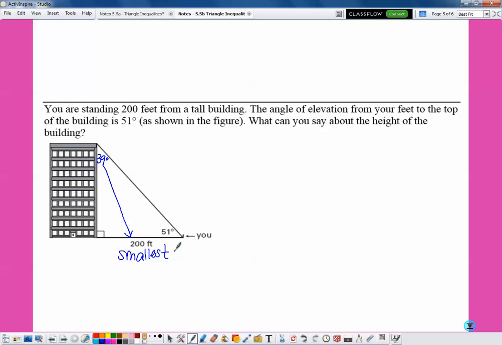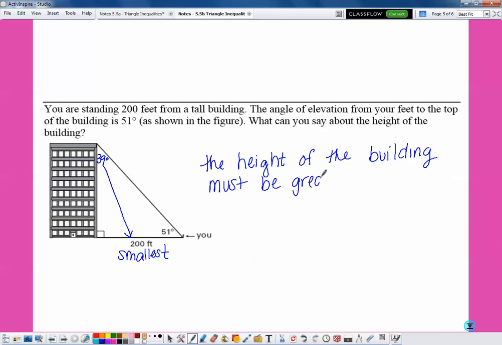Therefore, we know the height of the building must be greater than 200 feet because this is not the smallest side. We don't know if it's the biggest side either because 90 degrees is on this side across from this side, but we do know that it has to be more than the 200 feet down here.